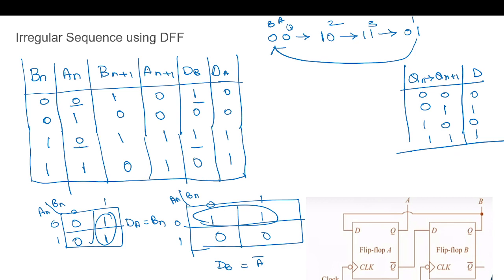So A bar. With this, we can get the circuit diagram. This is BN, and this is AN bar. In this way, any irregular sequence also we can design for the synchronous counter.